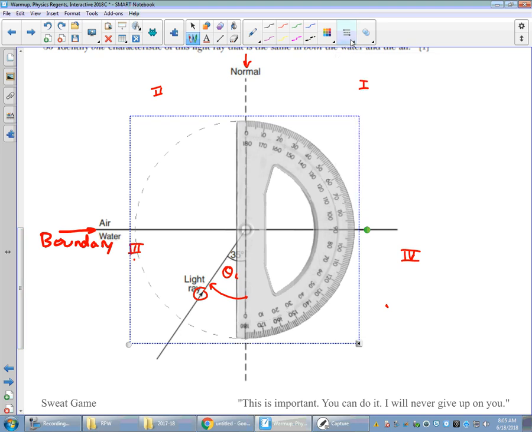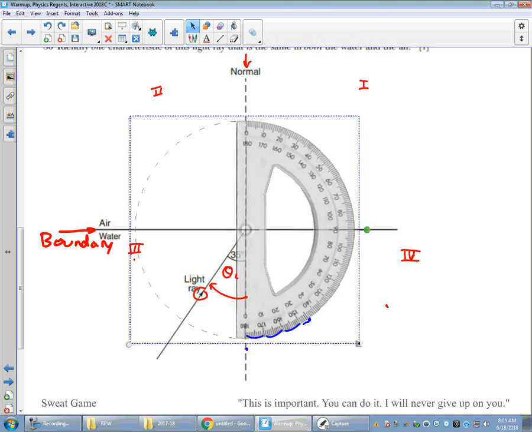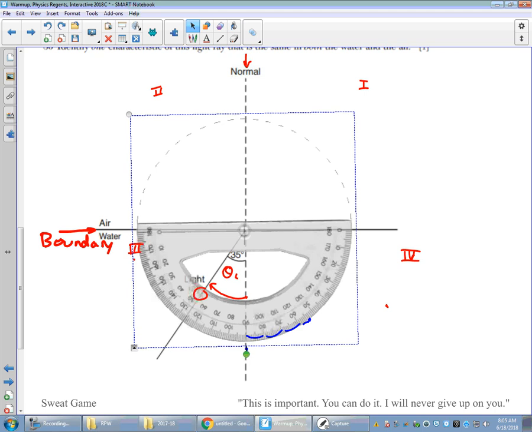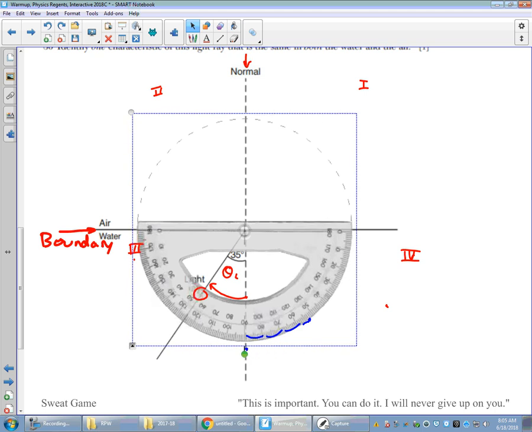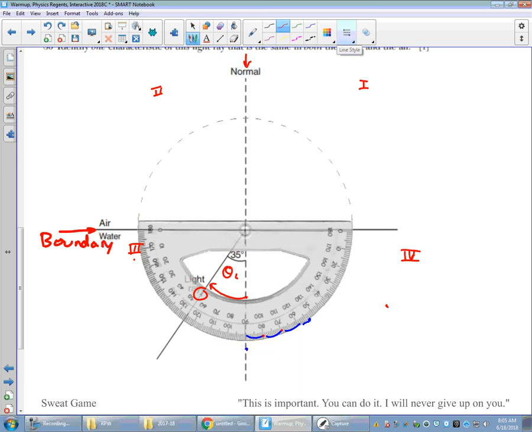This is the normal. So 10, 20, 35. I put a little dot here. That's the direction I'm going to go. No matter how you hold your protractor, this process is the same. So I can move this way. Makes no difference. I'm going to count 10, 20, 35.